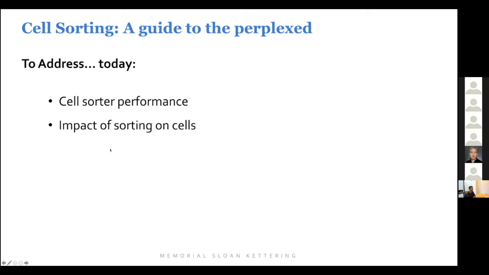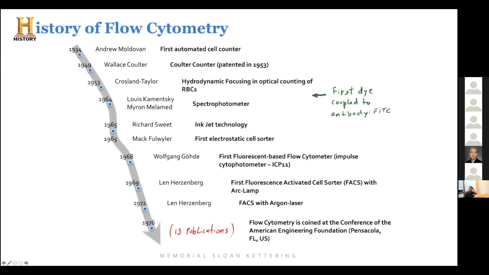So let's start with the history of cell sorting, just to give you an overview of how cell sorting came about. I put here the history of flow cytometry because the history of flow cytometry actually starts with cell sorting.